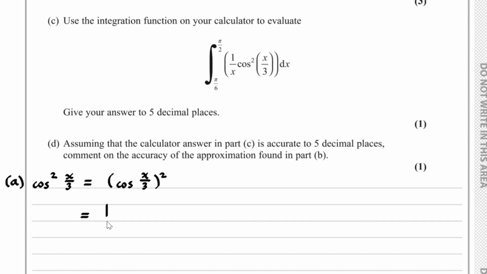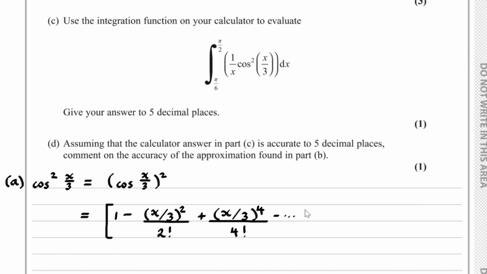And so if we work this out, let's begin by opening big brackets over here. We have 1 minus, well, instead of x squared over 2 factorial, we have x over 3 squared over 2 factorial, and then we add on x over 3 to the power of 4 over 4 factorial, and then we could continue.